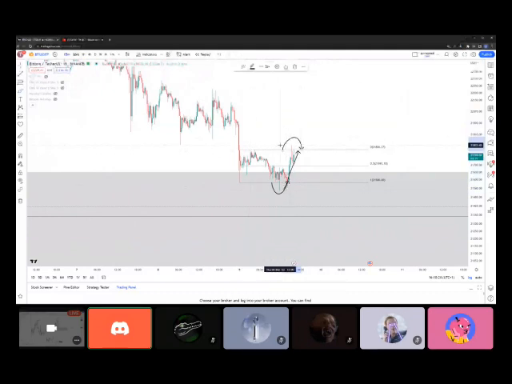Now we took the high, and we might start looking for downside again. So you can look for some shorts here. If the entry pattern forms something like this, then you enter the short towards here and potentially 21.3K. So that's the main action plan right now, but it's only a small scalp trade.